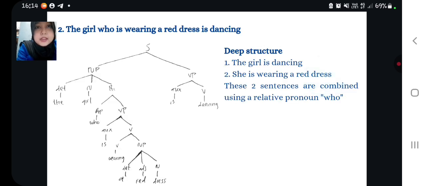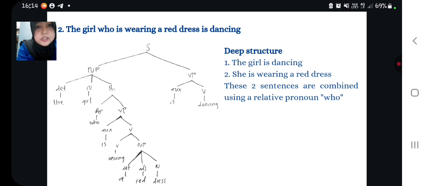And then number 2, the girl who is wearing a red dress is dancing. That's the sentence. And there are noun phrase and verb phrase. Noun phrase contains determiner, noun, and relative clause. Determiner the, noun girl.